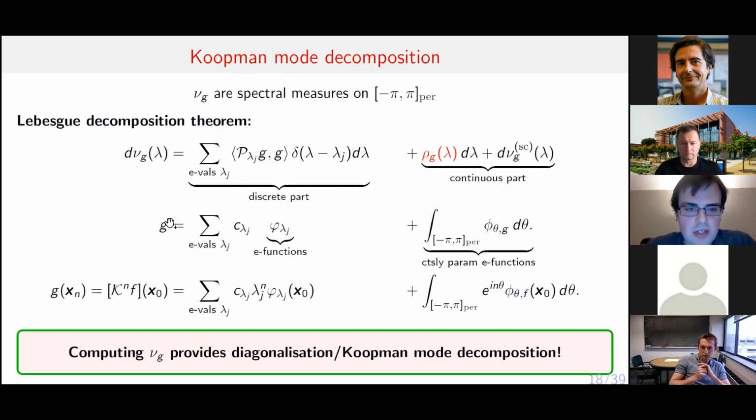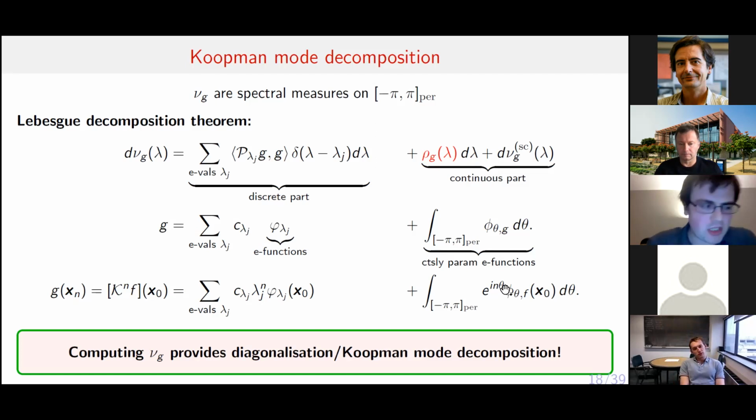Okay, so given a g, you can write it out as we saw near the start in terms of a sum of eigenfunctions and this continuous component, which corresponds to this part of the spectral measure. And you can look at g of x of n using the composition with the Koopman operator, and you get the usual thing, okay, where you get powers of the eigenvalues here for the discrete part and this Fourier transform type part here.